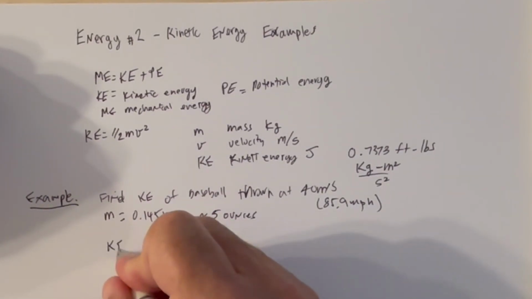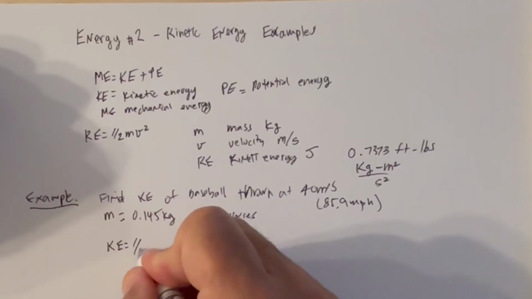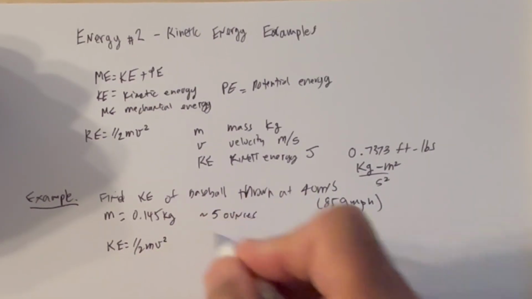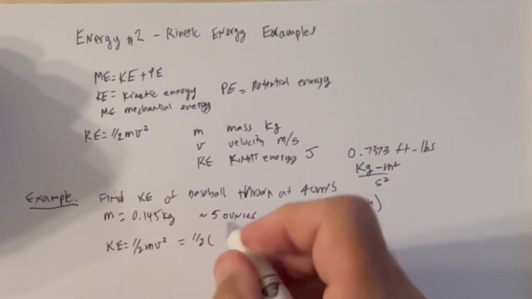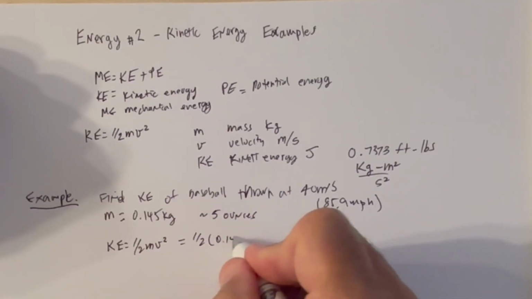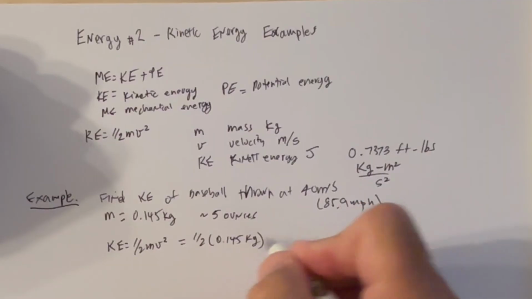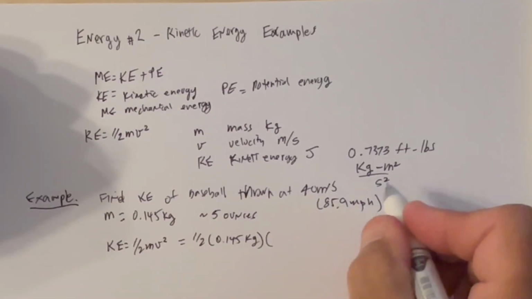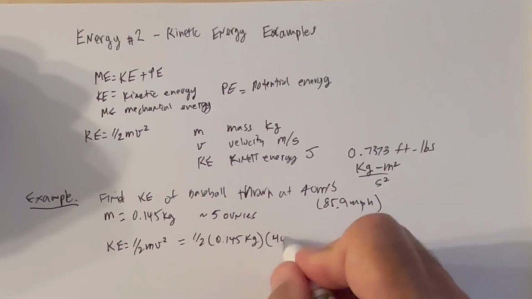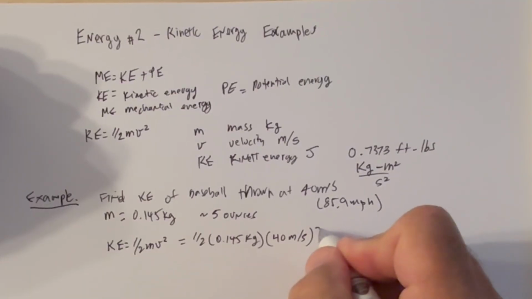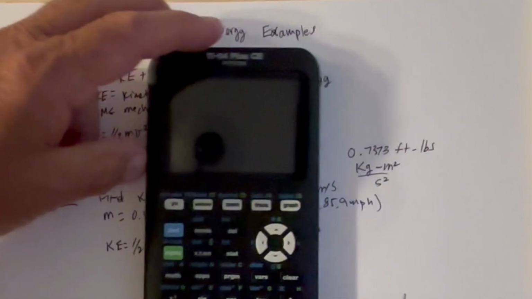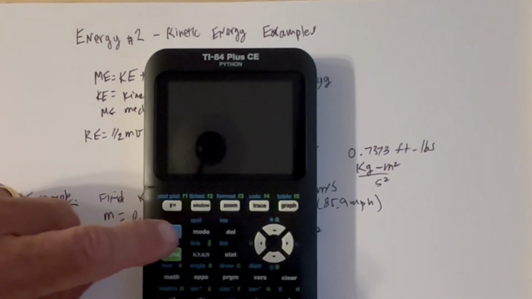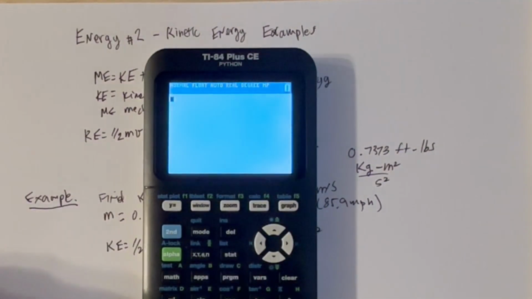So kinetic energy is equal to 1/2 mv squared. That's 1/2 times our mass, 0.0145 kilograms, times our velocity, 40 meters per second, quantity squared. Now let's get our TI calculator out and calculate that. Let's see, turn it on.